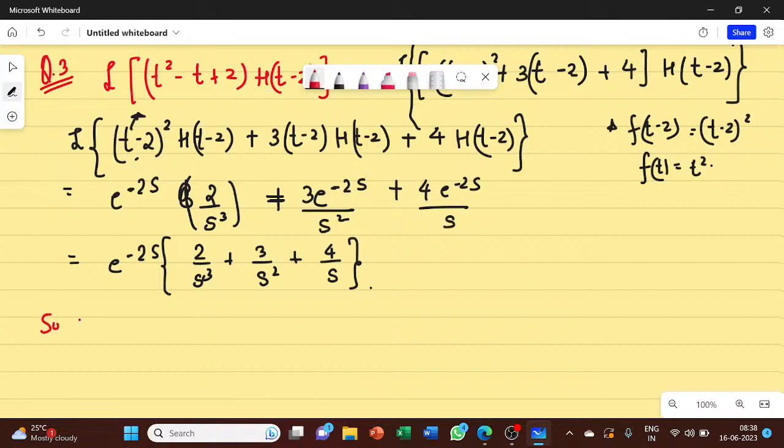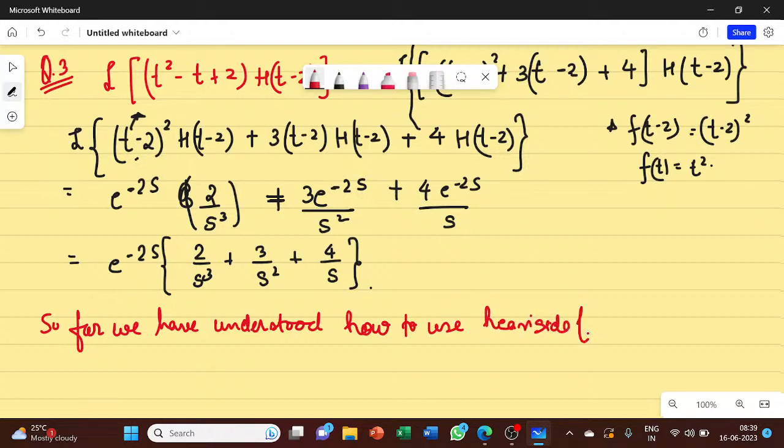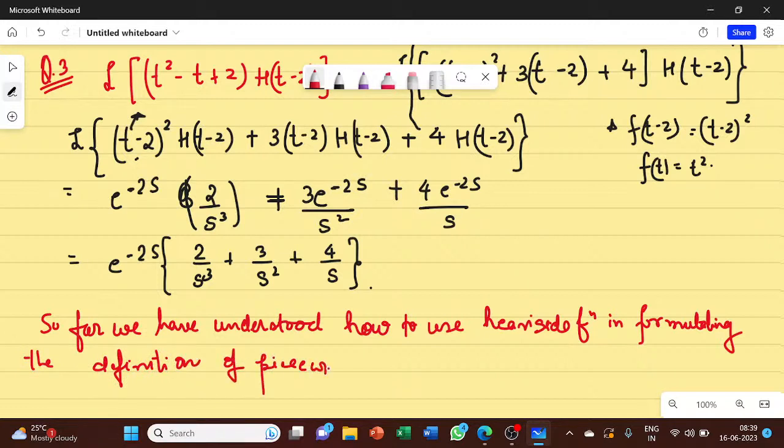So far we have understood how to use the Heaviside function in formulating the definition of piecewise continuous functions.